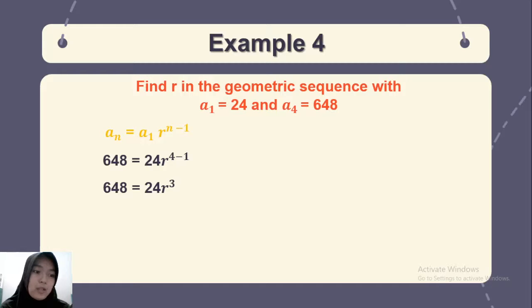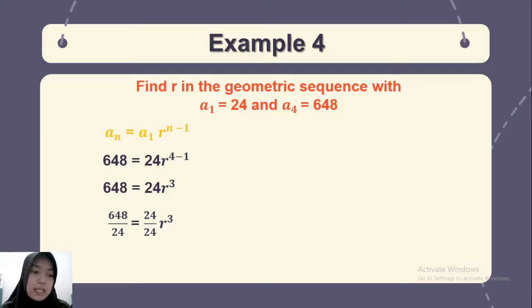Divide both sides of the equation by 24 to isolate r at the right side. Then 648 divided by 24 is equal to 24 divided by 24 times r cubed.